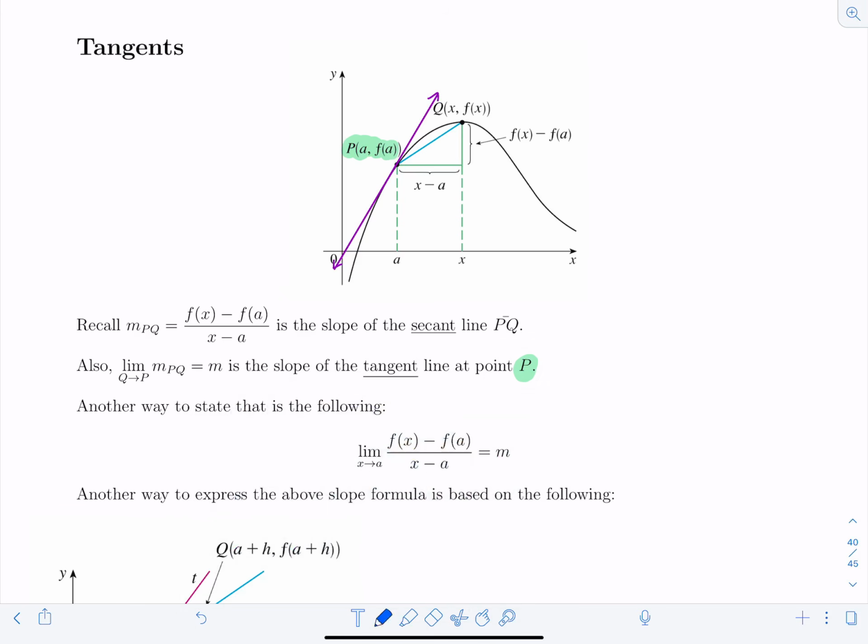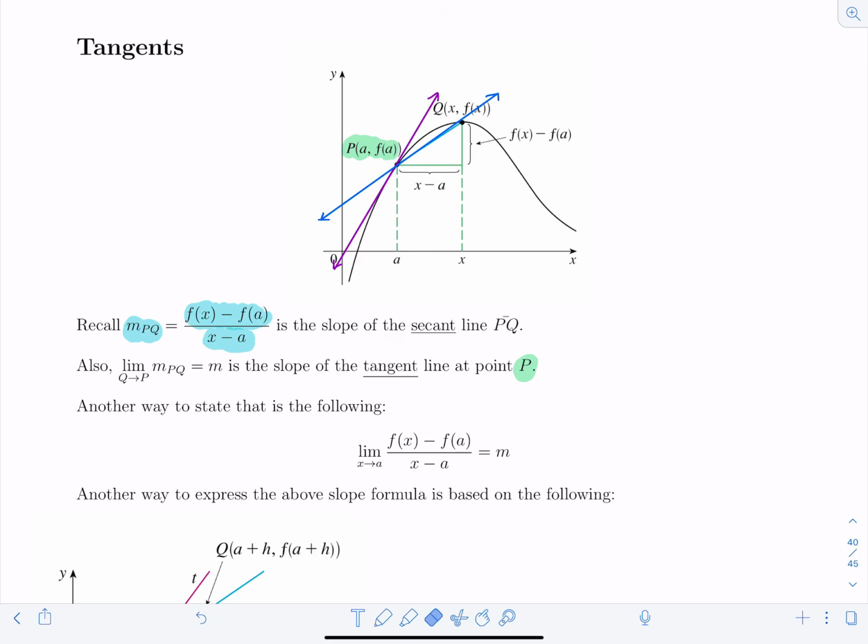The secant line is shown here in blue. And we used the slope of that secant line to help us approximate the slope of the tangent line. So the slope of the secant line, or the line that goes through P and Q, was found by taking f of x minus f of a divided by x minus a.